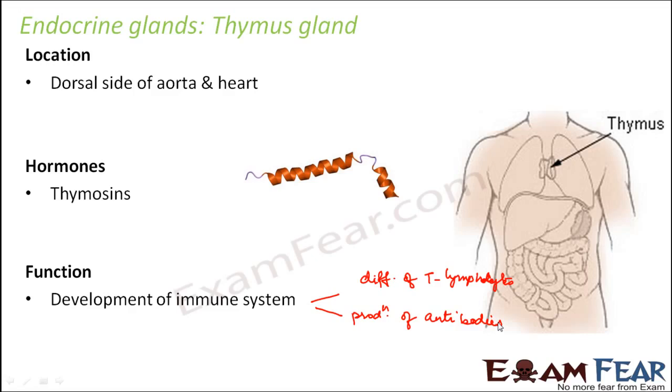Now it has been observed that in people who are quite elderly, maybe around 70 or 80 years old, with age the formation of thymosins is reduced. So less amount of thymosin is present in the body. When the amount of thymosin decreases in the body, the immune system also becomes weaker.